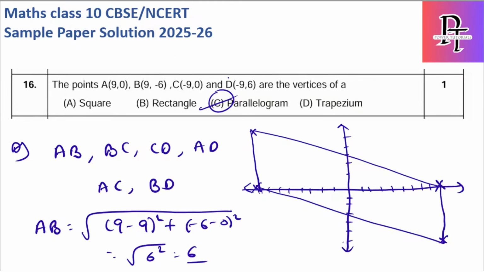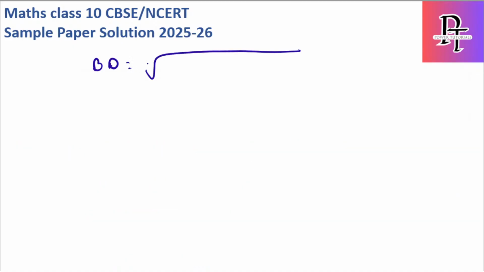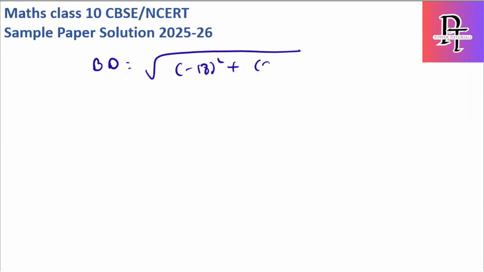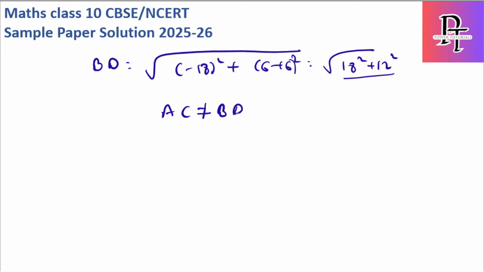B and D, it is minus 9 minus 9, minus 18 whole square, plus 6 minus of minus 6, which is 6 plus 6. So here if you notice, it becomes root of 18 square plus 12 square. Okay, so now I can confirm AC is not equal to BD. So hence it is a parallelogram.